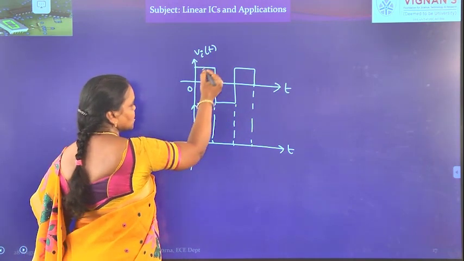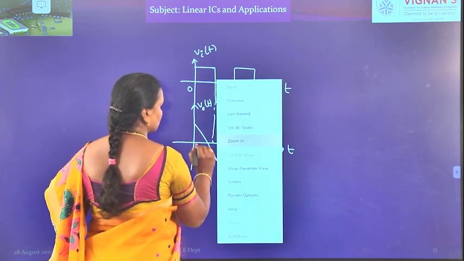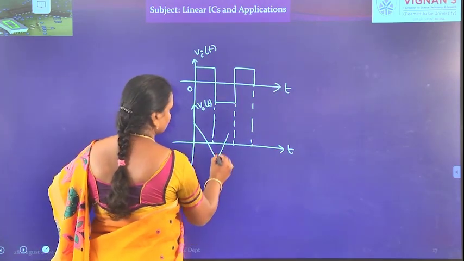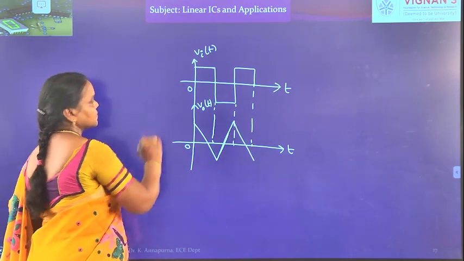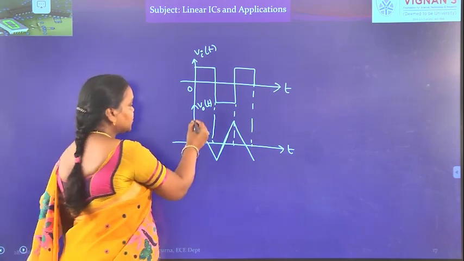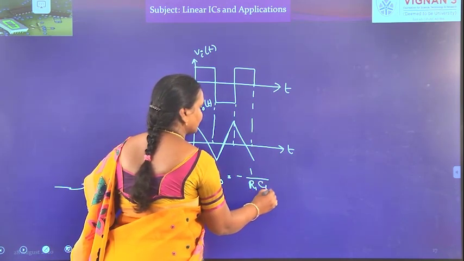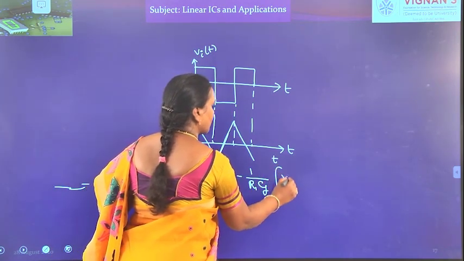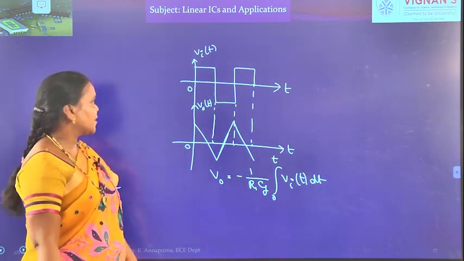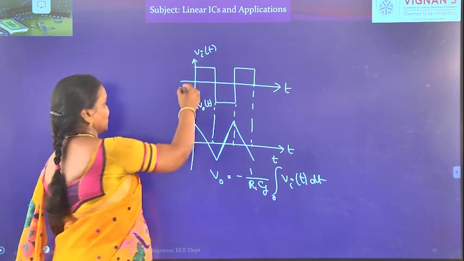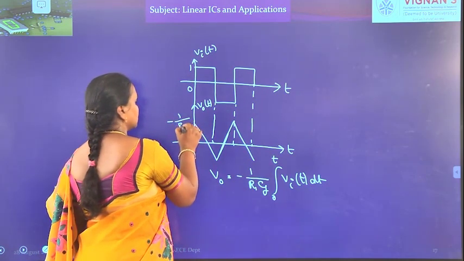For positive constant it is a negative going signal, and for negative constant it is a positive going signal. Like this. Okay, this amplitude depends on this relation. V0 is equal to minus 1 by R1 Cf integral 0 to t Vi of t dt. You substitute the values. Actually, for the square wave they did not give any input, you assume 1, and then this magnitude becomes minus 1 by R1 Cf.